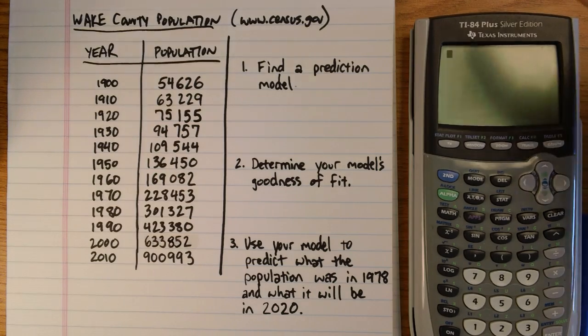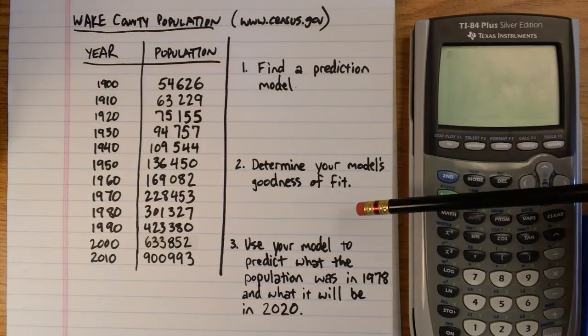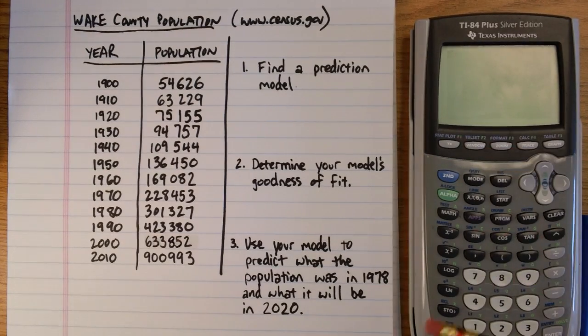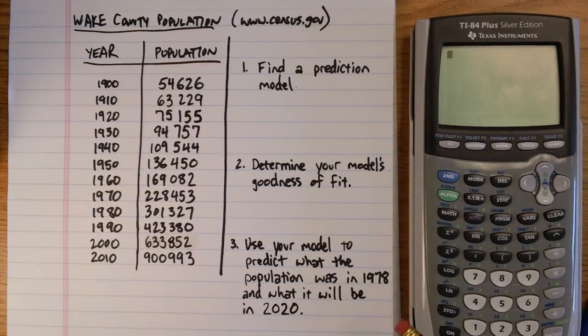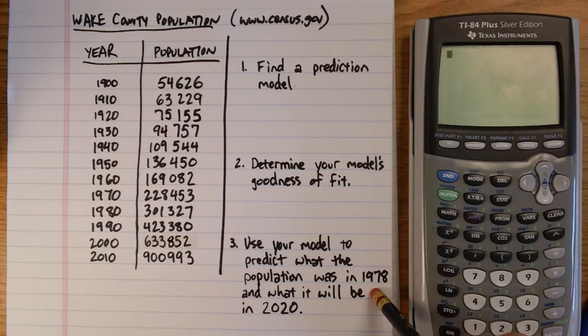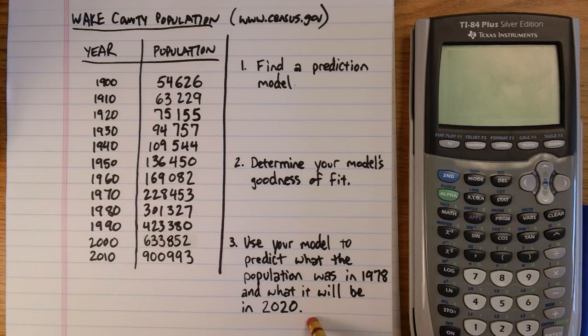We're asked to find a prediction model, to determine our model's goodness of fit, and then to use the model that we found to predict population in two different years, 1978, and then actually to find what the population will be in 2020.